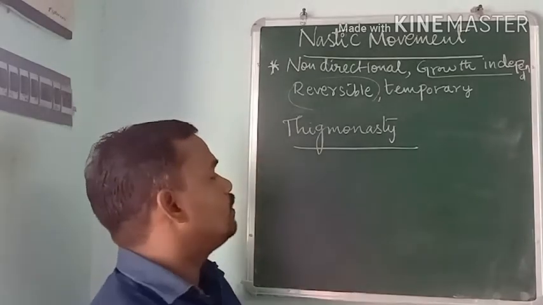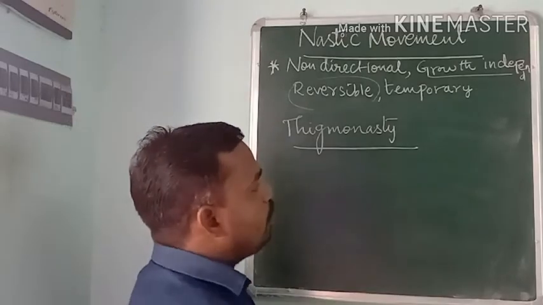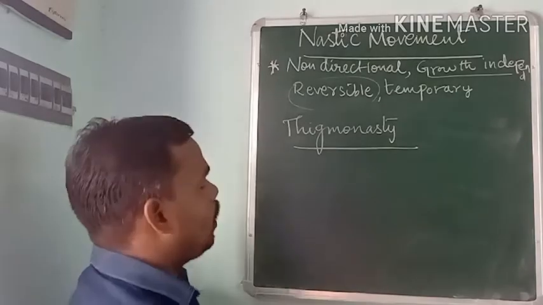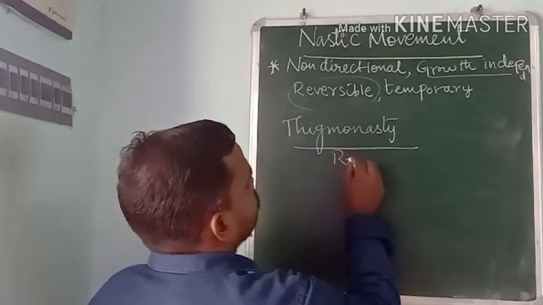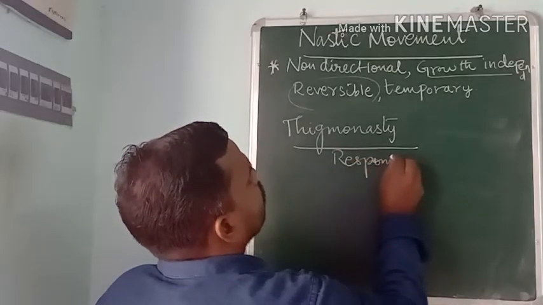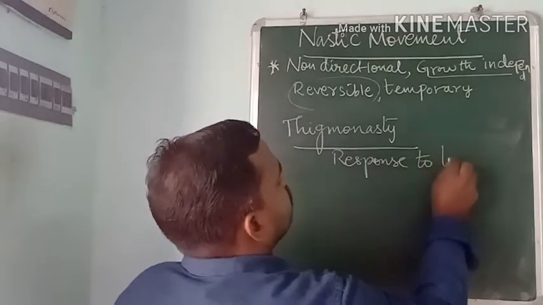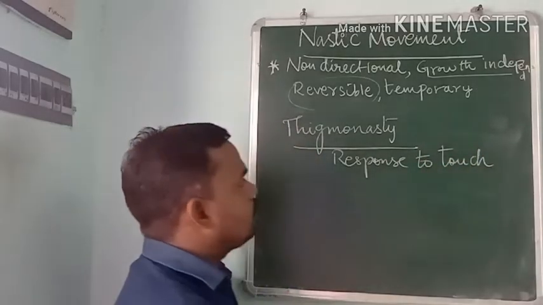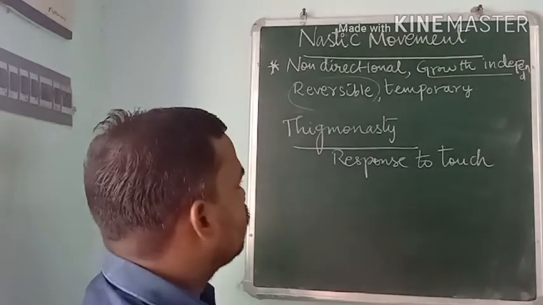Thigmonasty: the movement of the part of the plants responds to the touch. That's we call it thigmonasty.